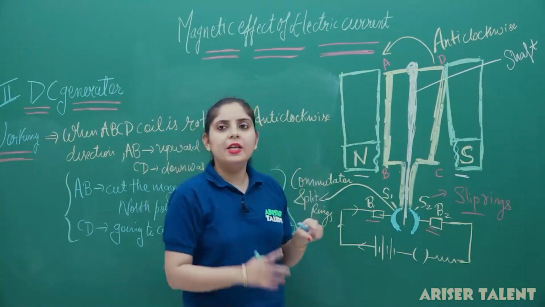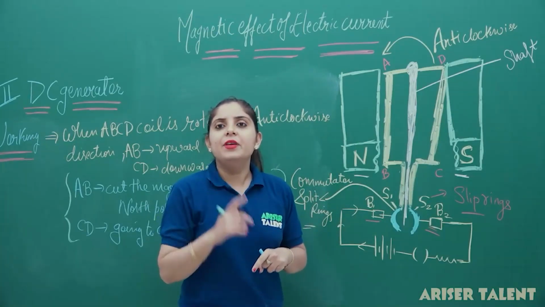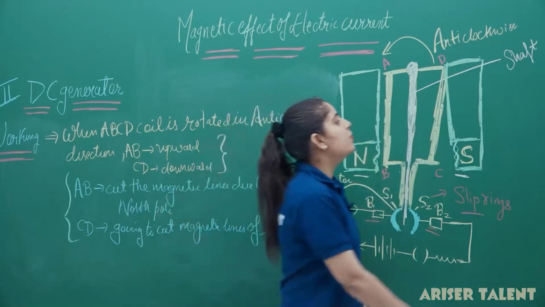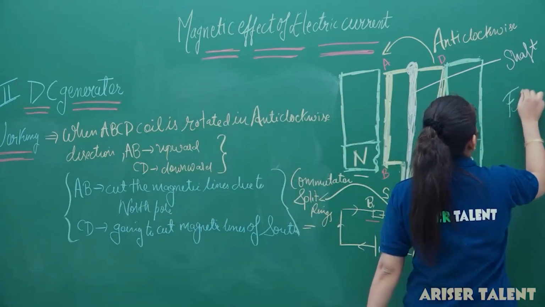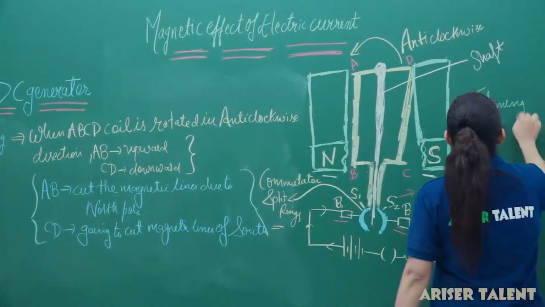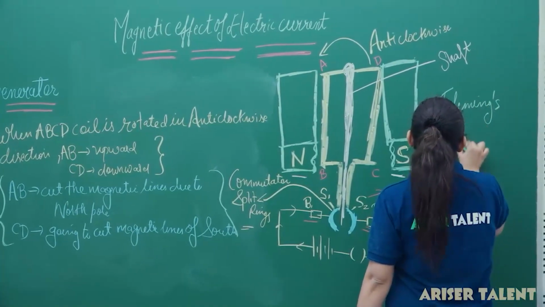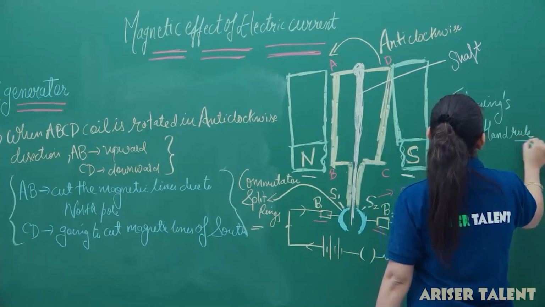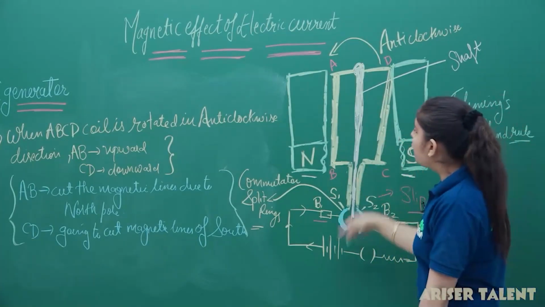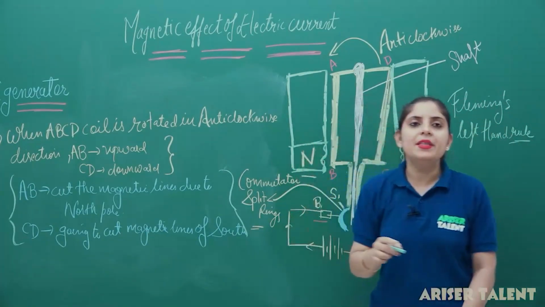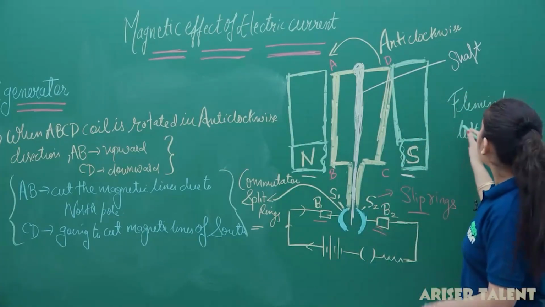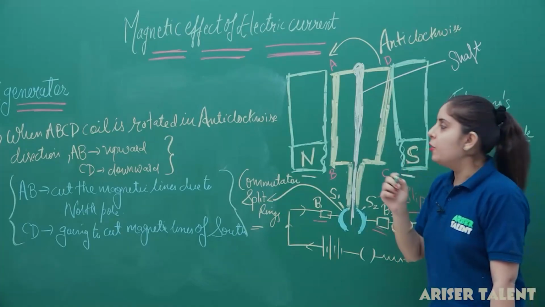We can determine the direction of the induced current in the coil with the help of Fleming's left hand rule. Because if the magnetic flux linked with the coil changes, then there will be an induced EMF or current in the circuit, and its direction will be determined according to Fleming's left hand rule.